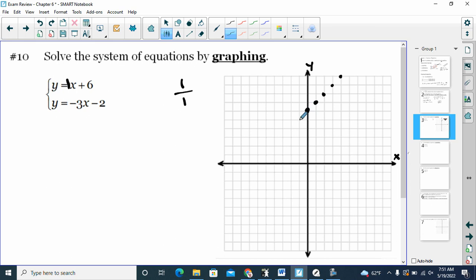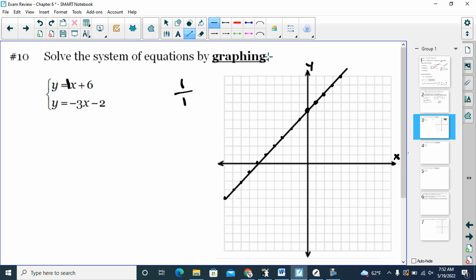To continue on that line, I'm going to go down 1, left 1. Notice those points are also on that same line. And we are going to fill up the whole graph with lots of points, because we need to find exactly where those two lines cross. If I just graph a couple points and then just sketch it in, it's kind of hard to tell if the solution's over here somewhere.